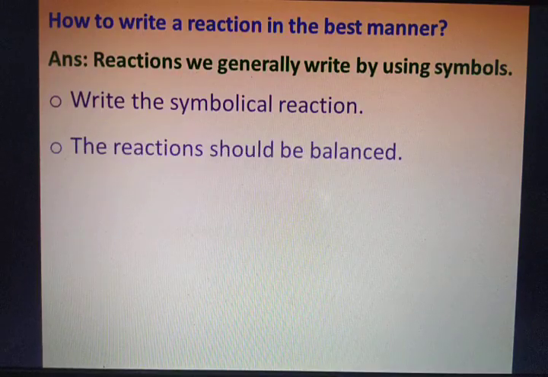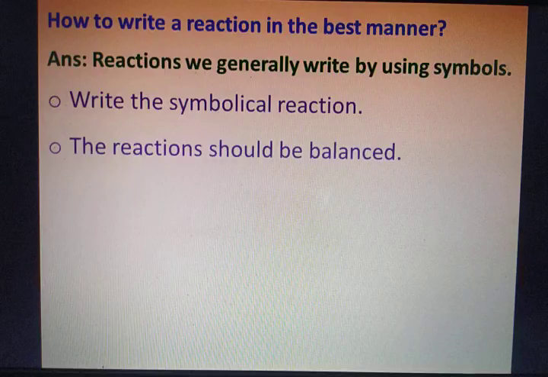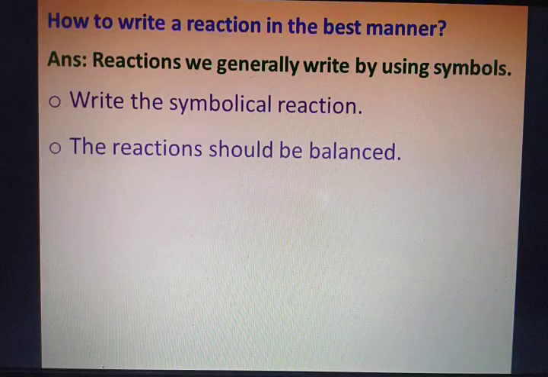What's the next step? We will check that the reaction needs to be balanced. If you notice, there is a mistake in the previous one, and that's intentional. The reaction in the law of conservation of mass is not balanced.